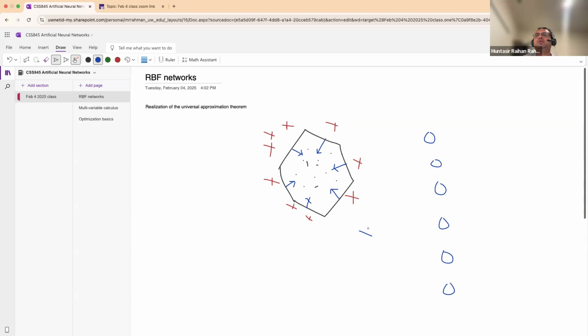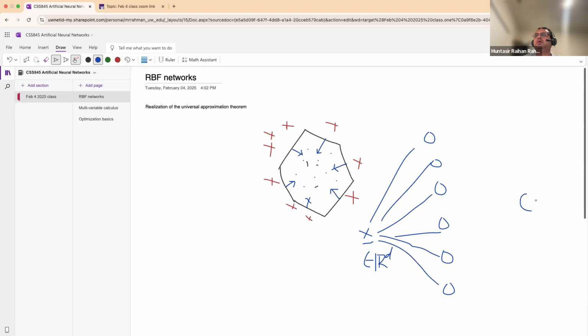and you have your input, which is the vector x, and this connects to all these neurons. Here x is meant to be a d-dimensional input vector, and this connects to all the neurons.